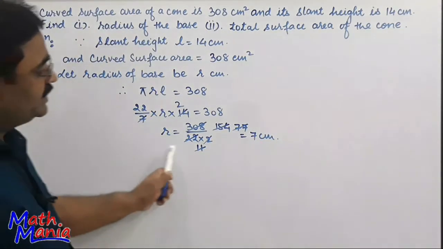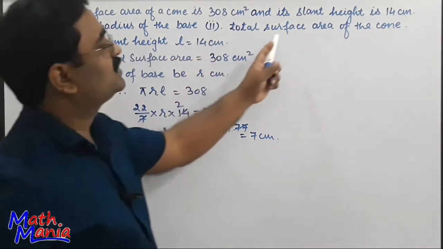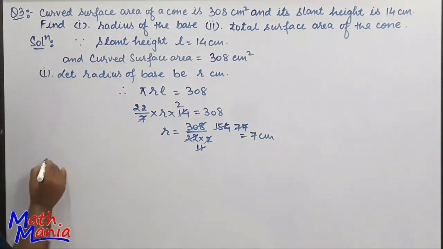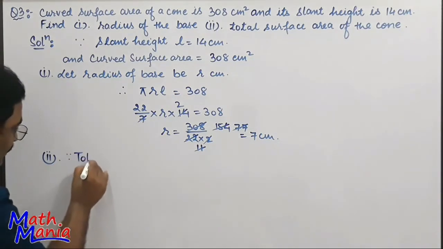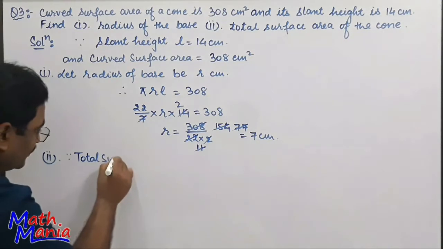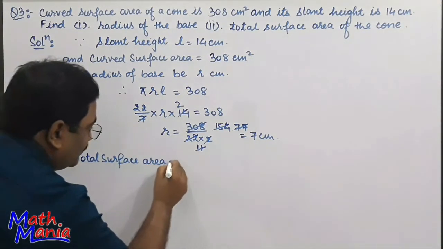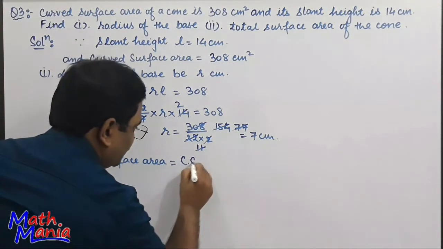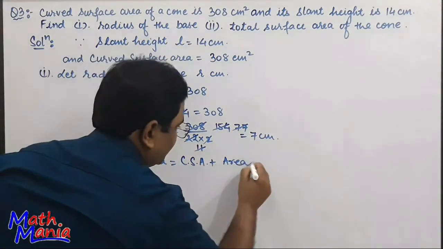As the value of radius we got 7 centimeter, so we can find its second part, total surface area of the cone. As you know that total surface area of cone equals to curved surface area plus area of its base.